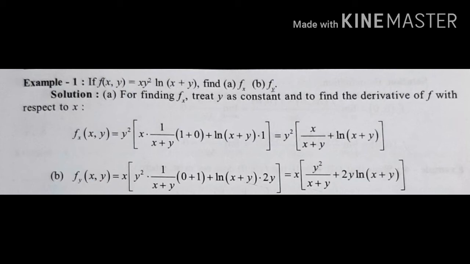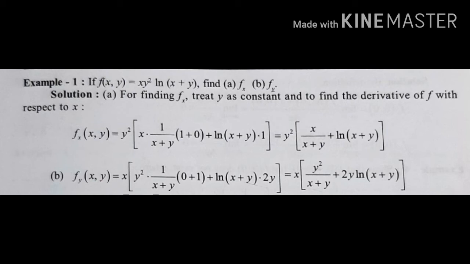then we have to differentiate x ln(x + y). The first function is x, so we write x unchanged. Now the derivative of ln(x + y) with respect to x will be 1 by (x + y). Now the derivative of x is 1 and y is a constant, so the derivative of y is 0.